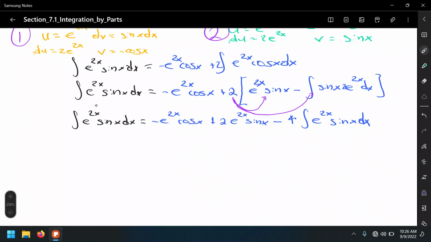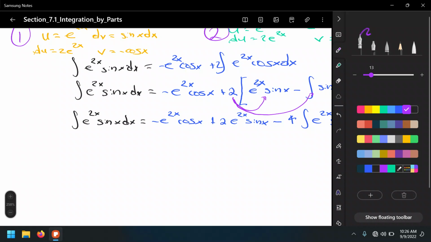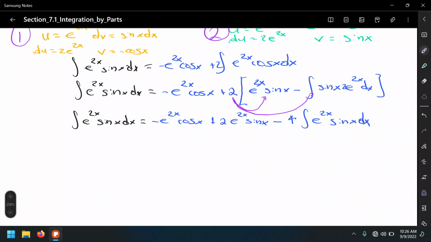In this case, we are going to treat these 2 integrals as like terms. I'm going to move this to the left-hand side of the equation the following way. So I'm going to add 4 times the integral of e^(2x) sin x dx.